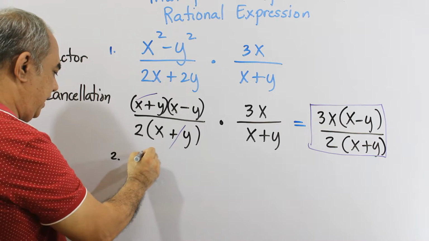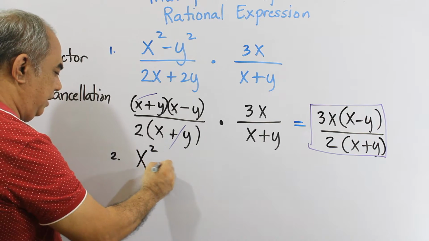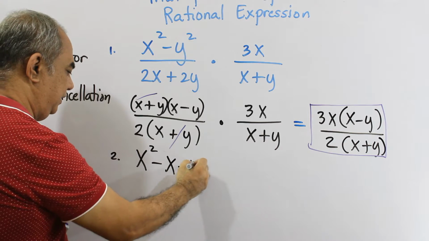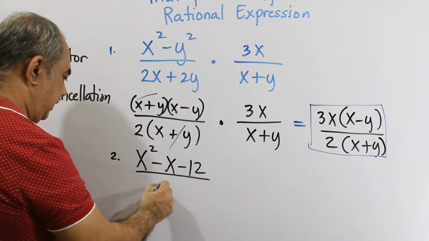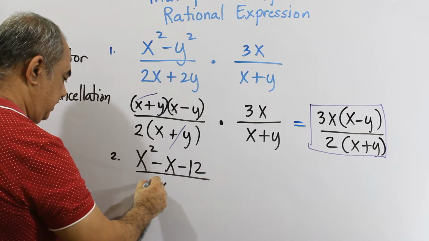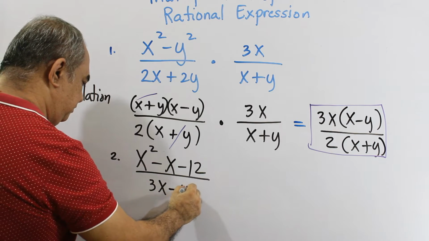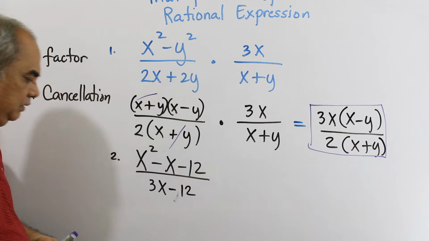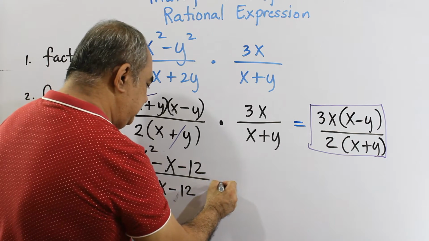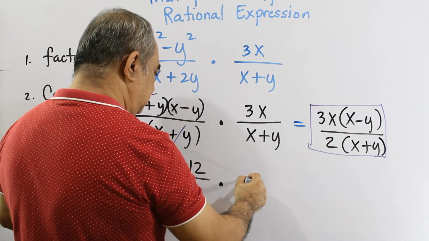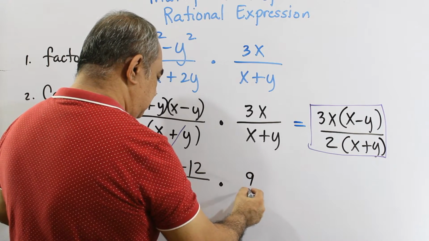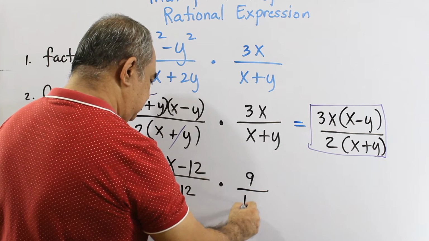Let's say we have an expression like x squared minus x minus 12, all over, now the denominator, 3x minus 12. Okay? Let's multiply this with an expression like 9 all over 15x.